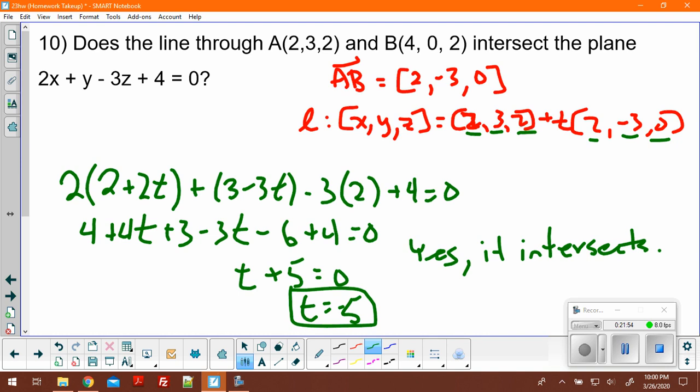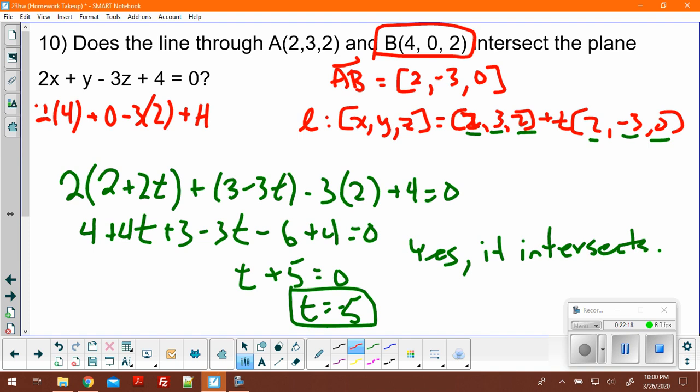As a little side note, I remember when I first looked at this question and started putting it into the slides here, if you look at point B and actually plug it into this equation, I'm pretty sure it actually works. You have 2 times 4 plus 0 minus 3 times 2. Oh, wait, maybe it doesn't. I thought it did.